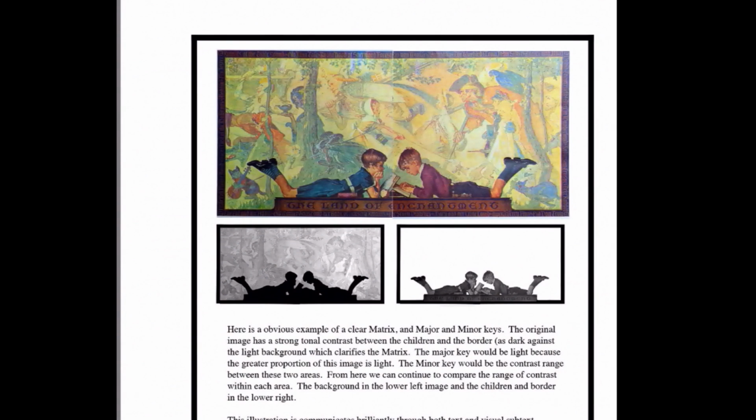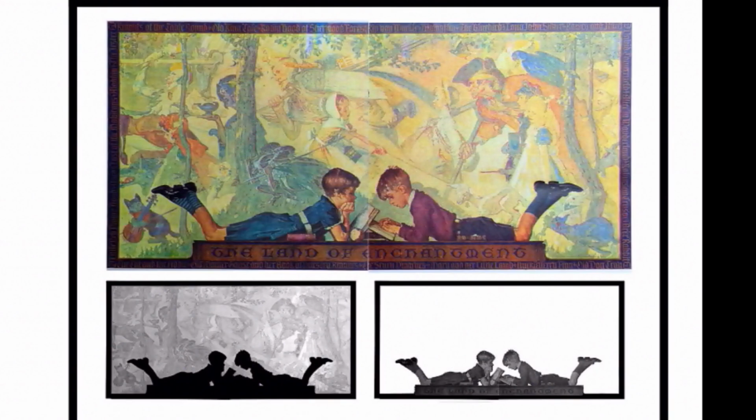This is a great example of a clear matrix. The design pattern, and I've divided it in the bottom down here. On the bottom left, I've increased the contrast between the background and the characters, and the characters become silhouettes against this lighter value background that has all this patterning. The one on the right, I've brightened everything up, and so you can see more contrast on the characters, and the background has kind of diminished into nothing.